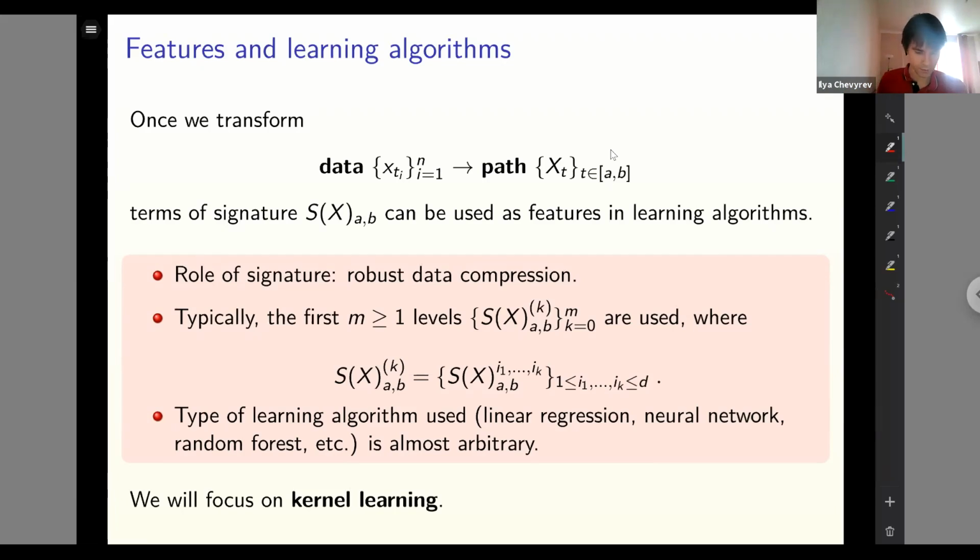And I wanted to focus on a particular example of this, a situation where this interaction between signatures and learning algorithms is, I think, quite rich. And this is with kernel methods.